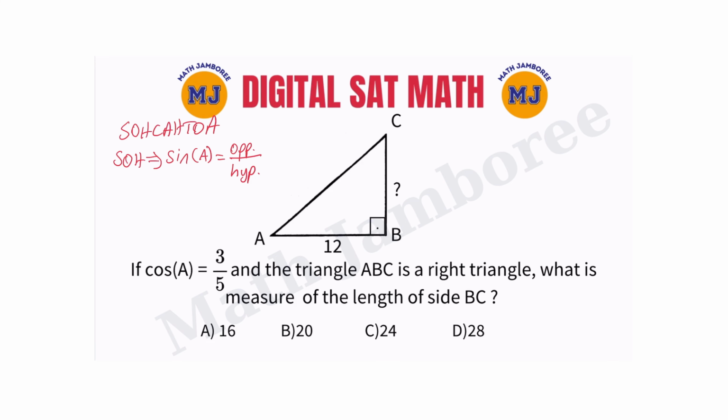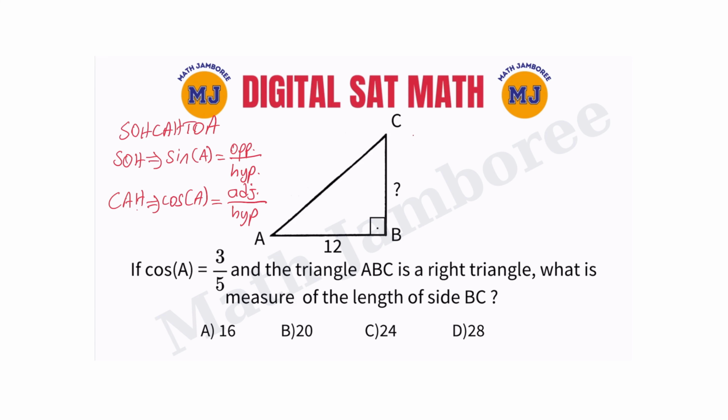And for the CAH, this C comes from cosine, the first letter of cosine. And A is adjacent over H, again hypotenuse.